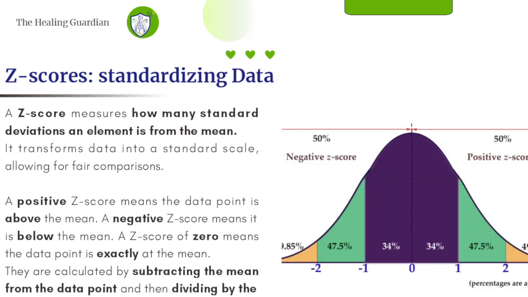Z scores, they are also used to describe data. We are using the concept of standard deviation to make Z scores. A Z score measures how many standard deviations an element is from the mean. Z scores are very important in hypothesis testing because we are comparing data which may have different scales.